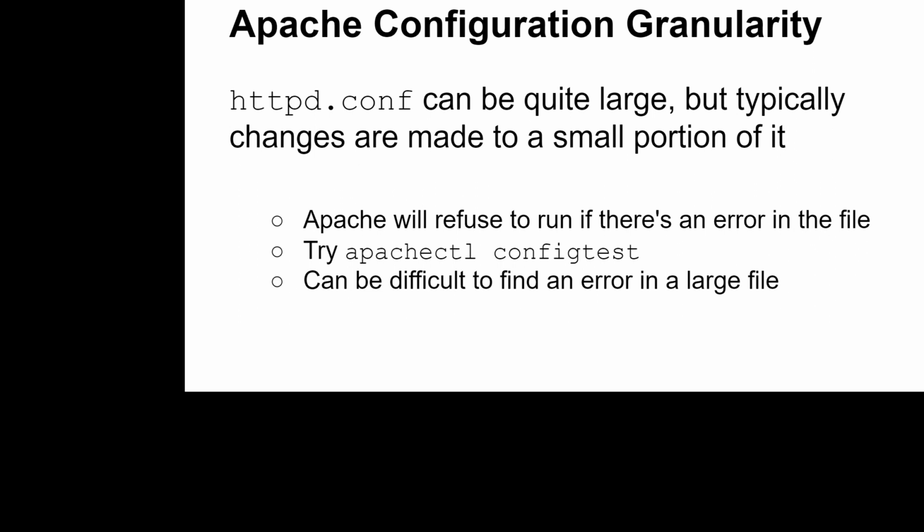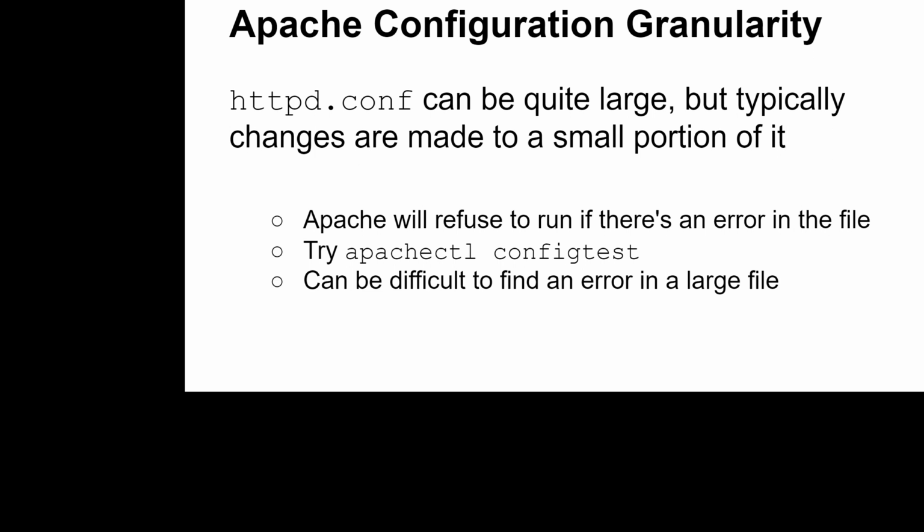One of the ways to test the configuration file before you try running or restarting is to use the configtest option for apachectl. If you do apachectl configtest, it will go through and parse the default httpd.conf file and see if there's an error that it can point out. And often it will come back and say, hey, error in line 53. However, don't get hung up on whatever line number it says.